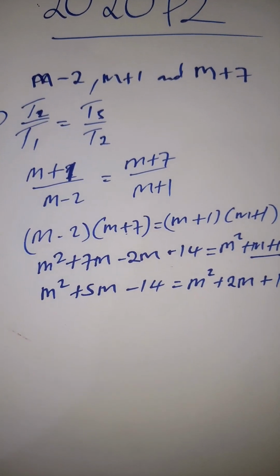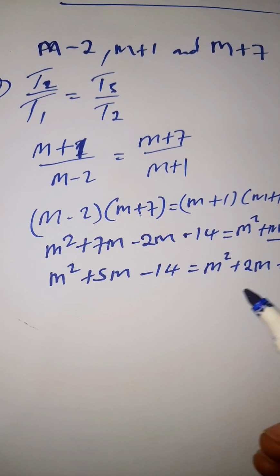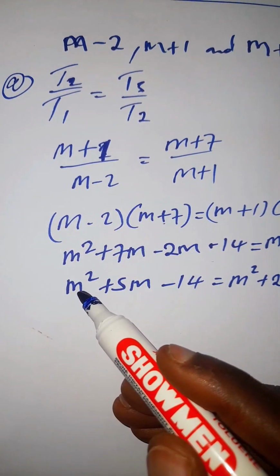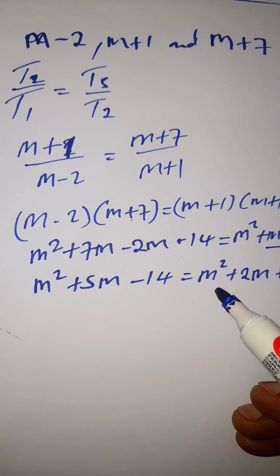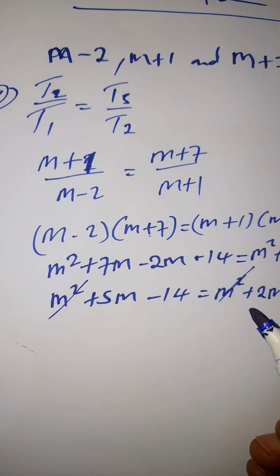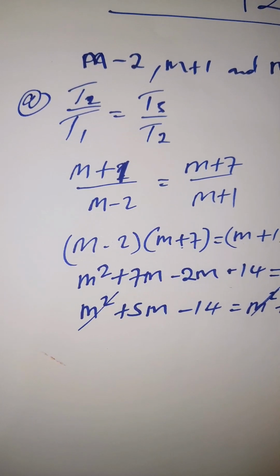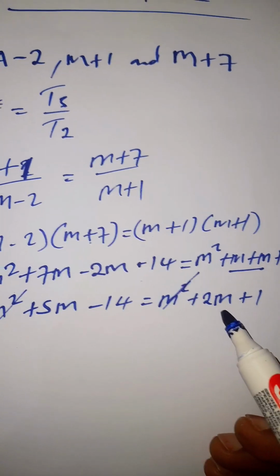Since on this side m squared is positive and on the other side m squared is also positive, the m squared terms will cancel.